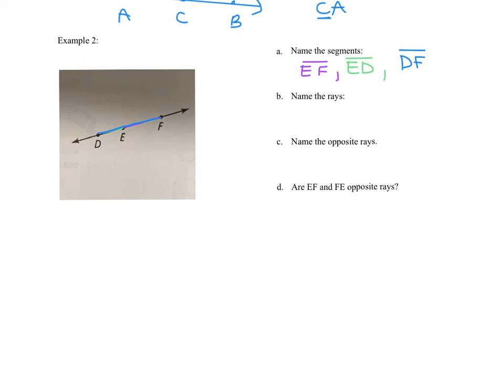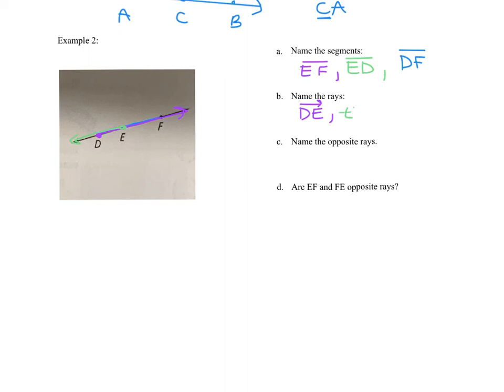The rays would be, if we start at D. Now here's the thing, if you start at D and you go this way, you could call it ray DE, or you could call it ray DF, but it's the exact same ray. So you don't need DE and DF, okay? Second one, if you start at E, you could go this way.